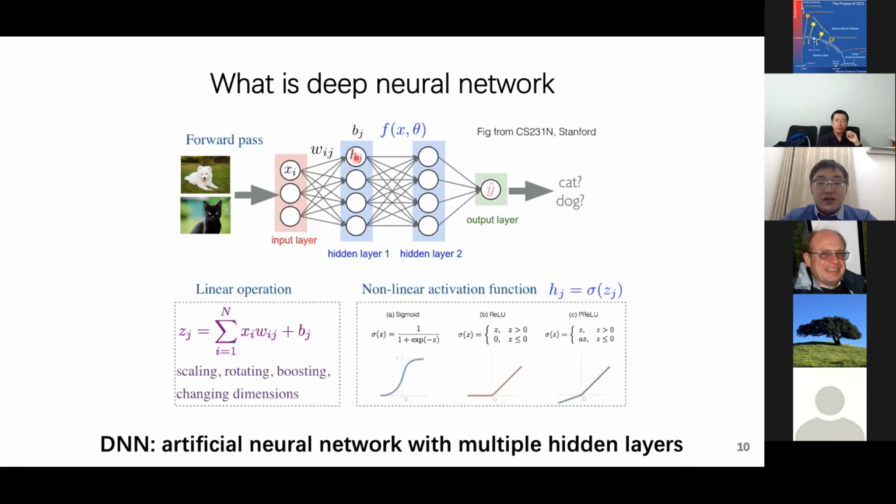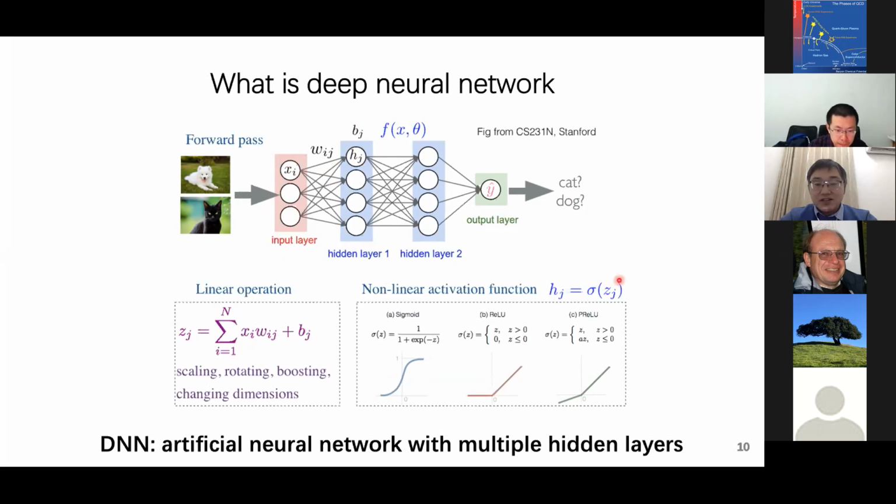The value of this hidden neuron is first computed by a weighted summation of the input features plus a bias. So this Wij is the value of the links, the weight of these links. And this Zj is fed to a nonlinear activation function to produce this Hj.